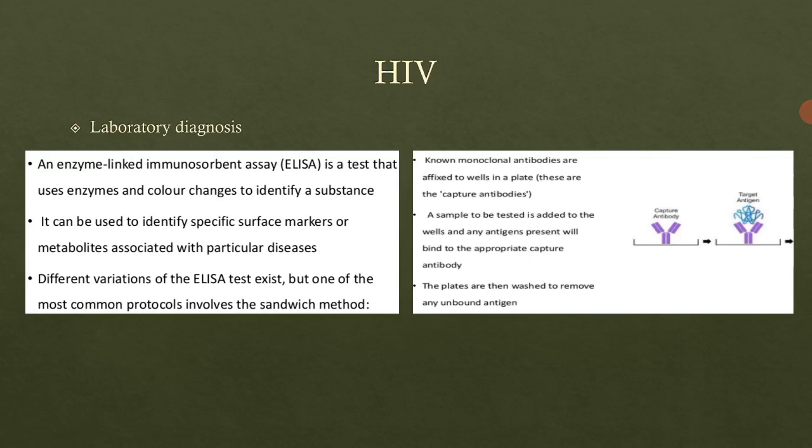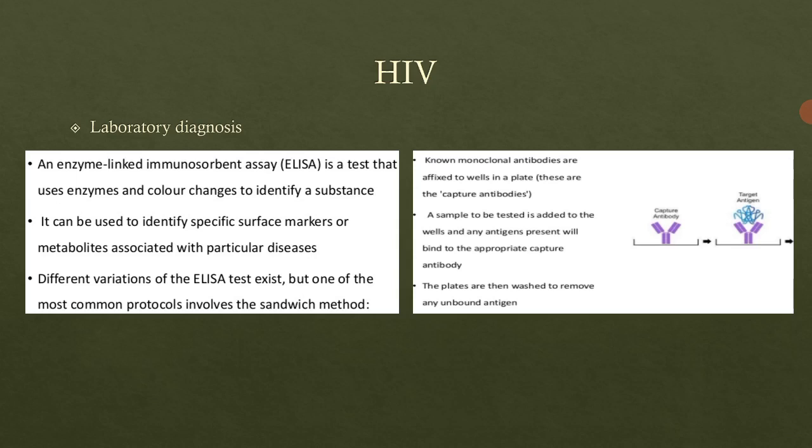There are different variations of the ELISA test, such as the direct ELISA, which is the most common basic method, then indirect ELISA, and sandwich ELISA. The detection of the HIV virus can be done using the sandwich ELISA method. So how this method works, we will see.